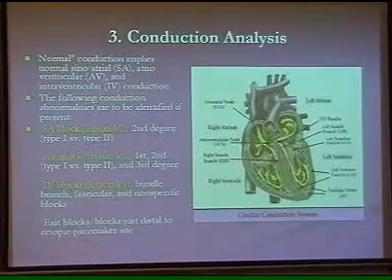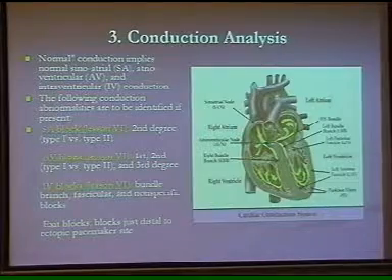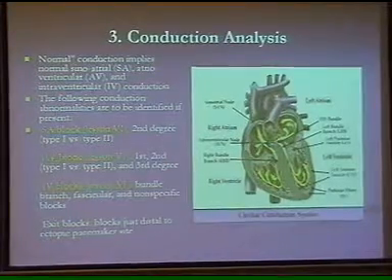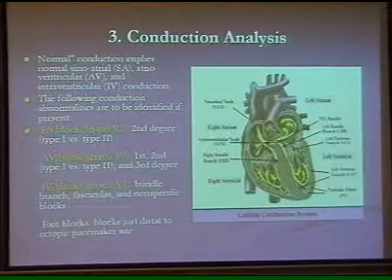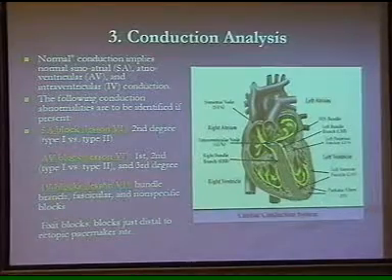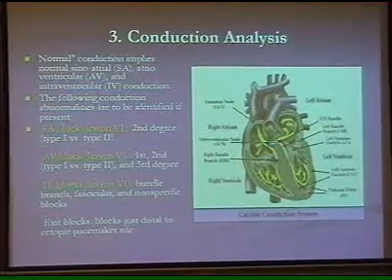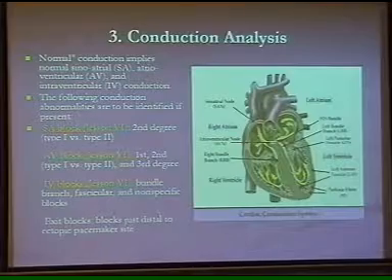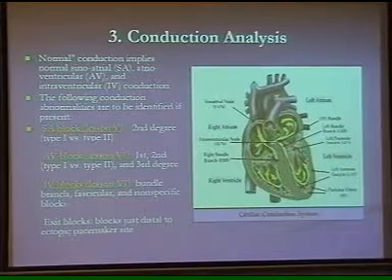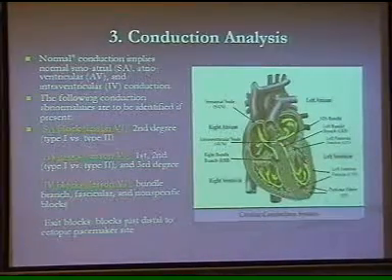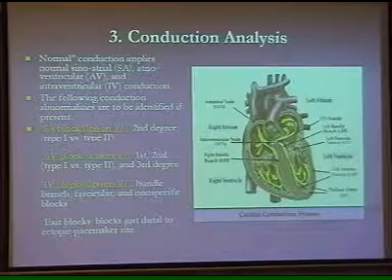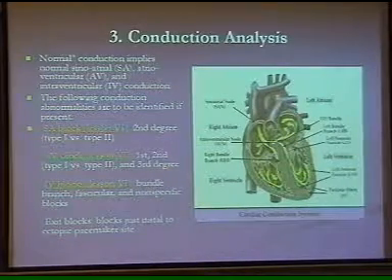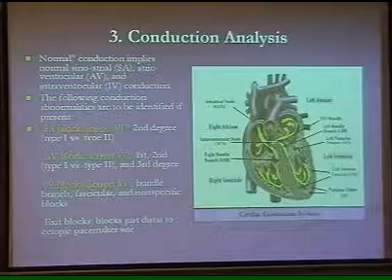First degree is prolongation of the PR interval. Second degree is of two types. What are the types of second degree? Wenckebach and Mobitz type 2. Wenckebach is progressive lengthening of the PR interval followed by a dropped beat.